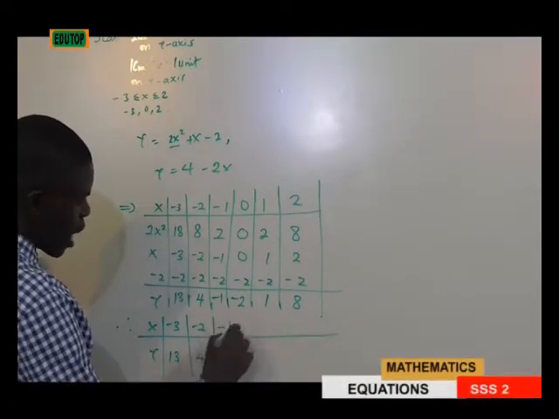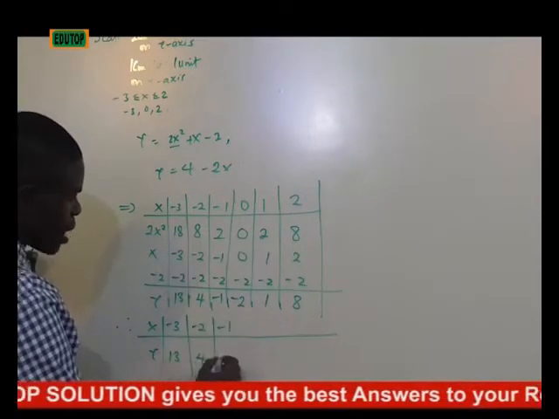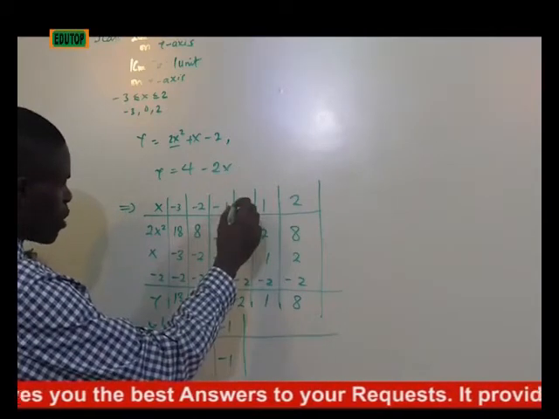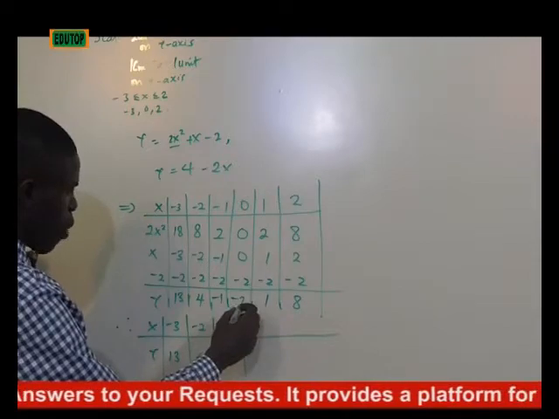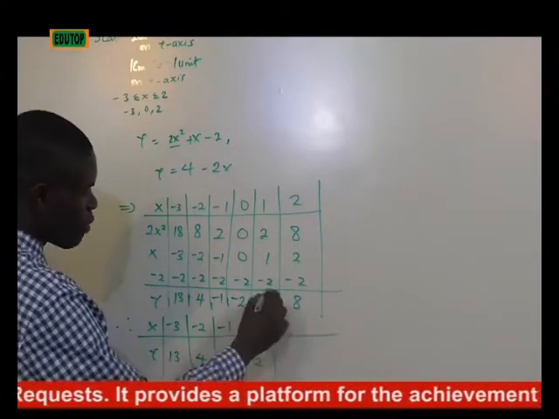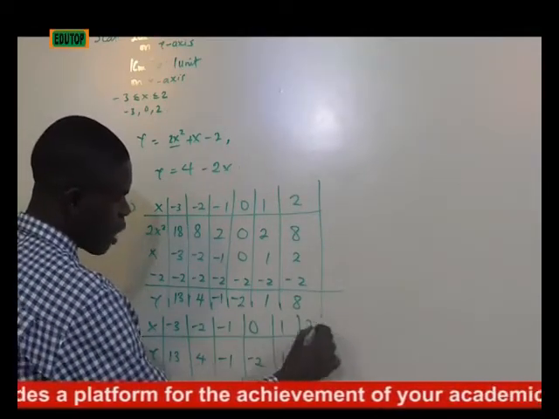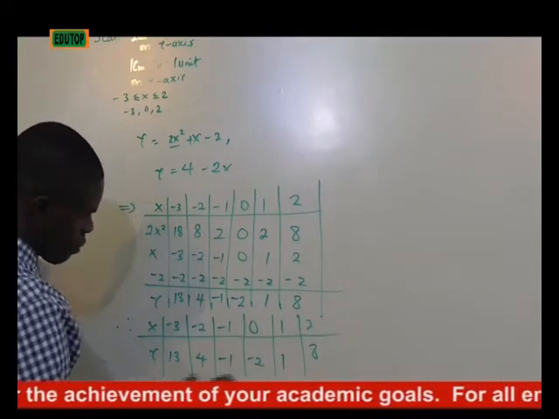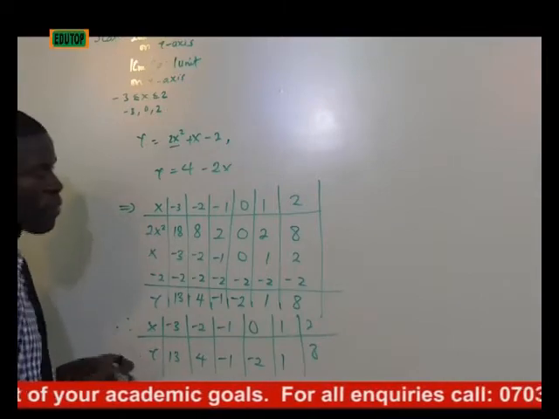When you have minus 1, the corresponding value of y is minus 1. When we have 0, the corresponding value of y is minus 2. When we have 1, the corresponding value of y is also 1. When we have 2, the corresponding value of y is 8. So these are the corresponding values of x and y which we plot with the graph.